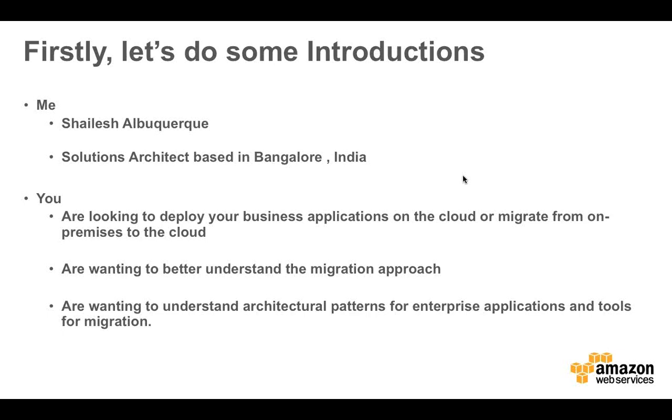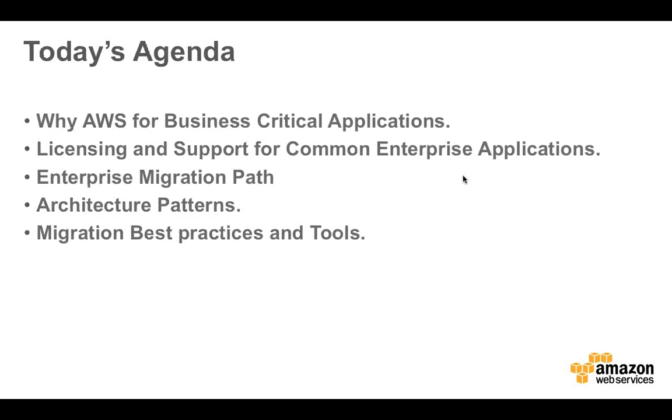So we've prepared an agenda to cover some of the topics that we spoke about. First I'll talk about why choose AWS for running your business critical applications. Then we'll go to some common enterprise applications that we see predominantly from SAP, Oracle, Microsoft. Then I'll talk about how these are supported, what's the licensing model, and cover that briefly.